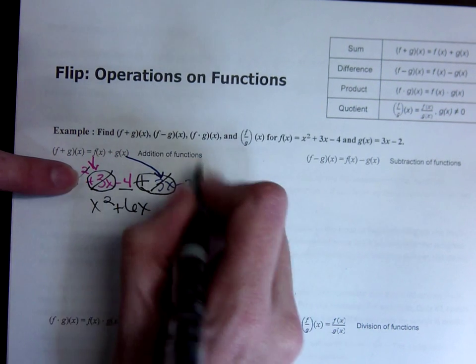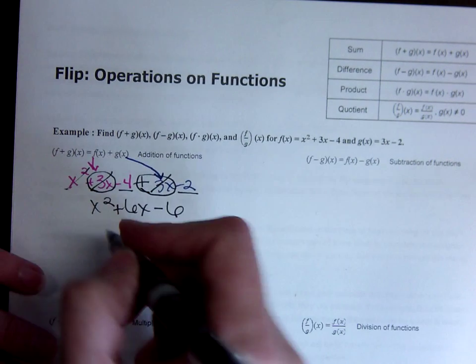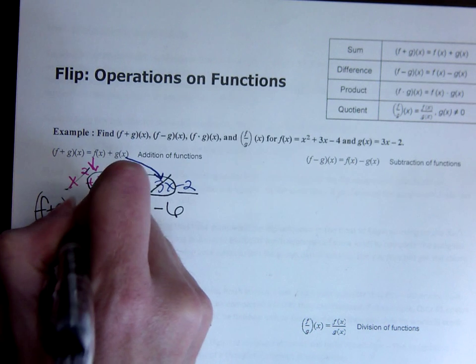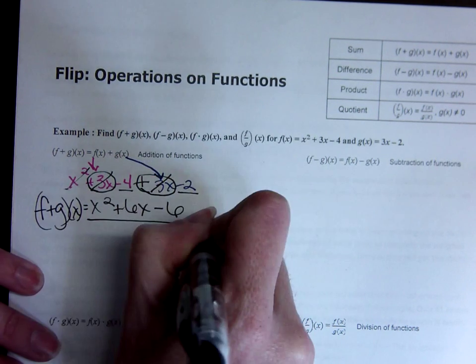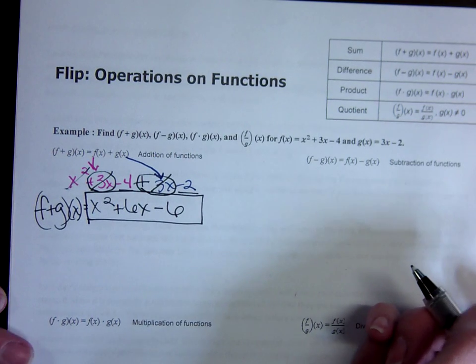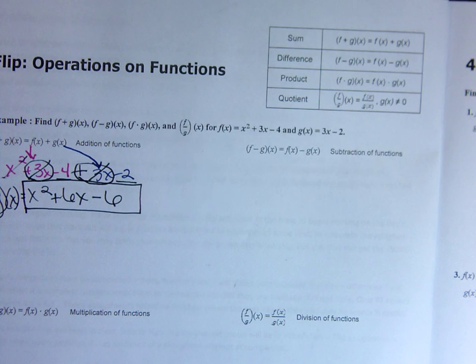And then negative 4 plus negative 2 is negative 6. That's it. f plus g of x equals x squared plus 6x minus 6. No big deal, right? It's just combining like terms. Easy enough to deal with.